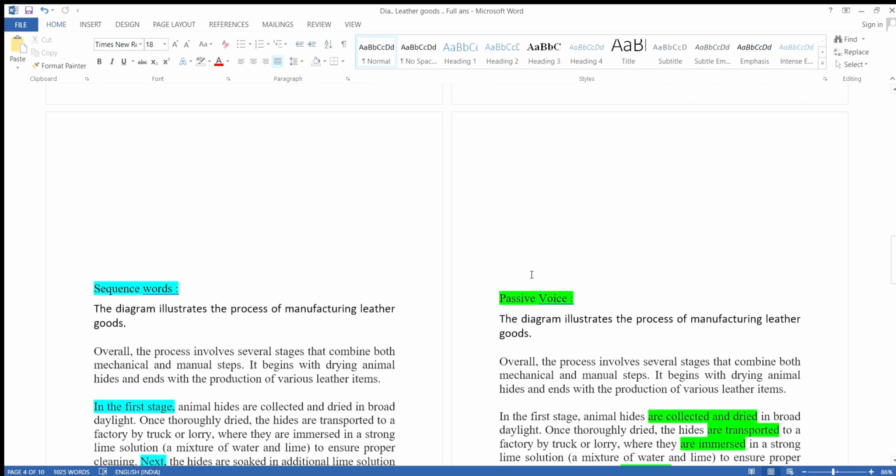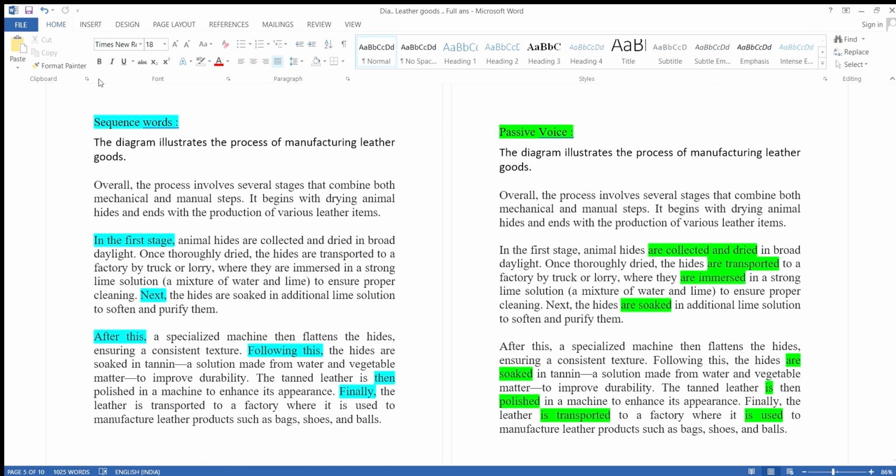Moving on to understand the better aspects, which is the sequence words. So it is in the first stage, next, after this, following this, then, and finally. Then it is the use of passive voice, which is are collected and dried, are transported, are immersed, are soaked, again in the next paragraph, is polished with a transition word, that is the sequence word, in the middle.